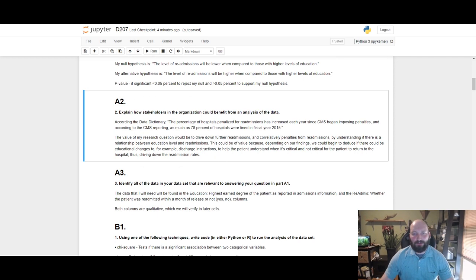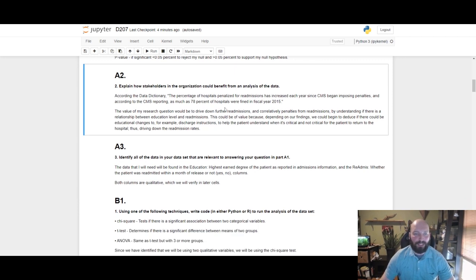I just wanted to see if there's any sort of correlative relationship between a level of education and readmissions. Maybe there's an educational opportunity there, because reading levels can vary wildly. I wanted to see if we had lower rates of readmission the more educated people become, or is it higher the lower education that they've received.